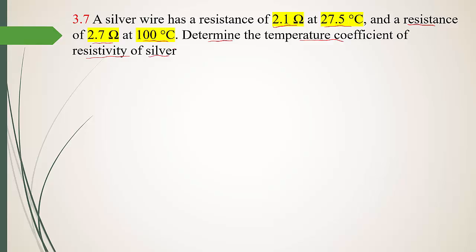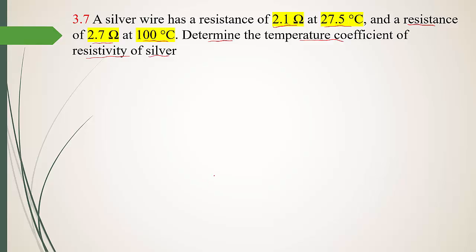There we studied only length, area and volume. But remember, as we supply heat energy, temperature increases, and with that its resistivity or its resistance value also increases. So here we have to calculate the temperature coefficient of resistivity of silver.